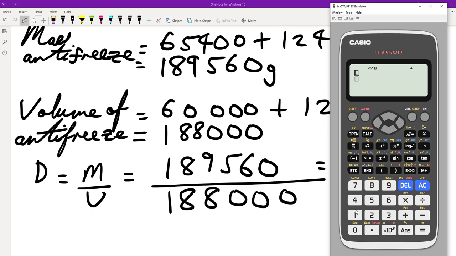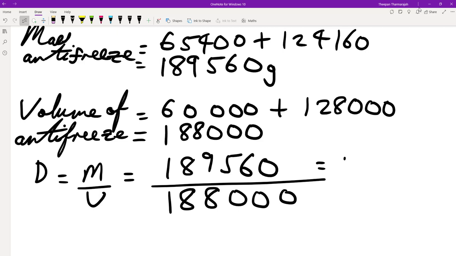So we're going to do 189,560 divided by 188,000, and that gives me 1.01 to 2 decimal places. And that's going to be in grams per centimeter cubed.